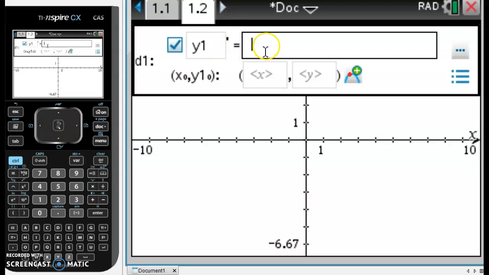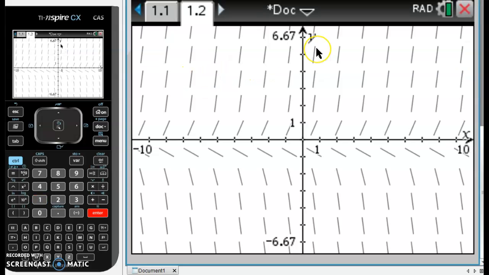And what I want this to be is 2 times y1 plus 1. I'm not going to add an initial condition, so we are not adding a value for x0, y1 of 0. So let's see what happens. Yeah, and this certainly looks like the slope field that we did by hand.